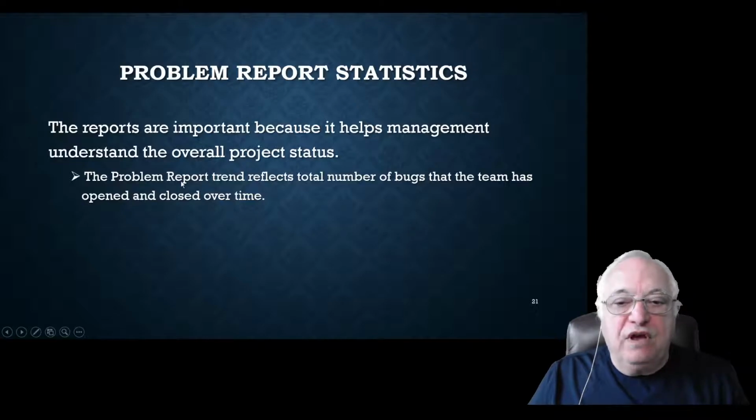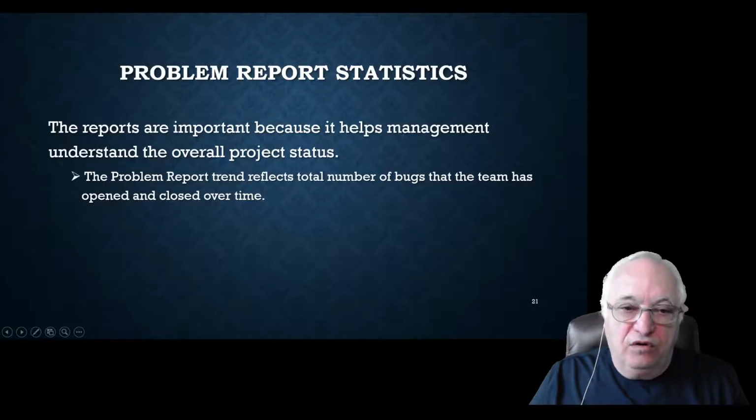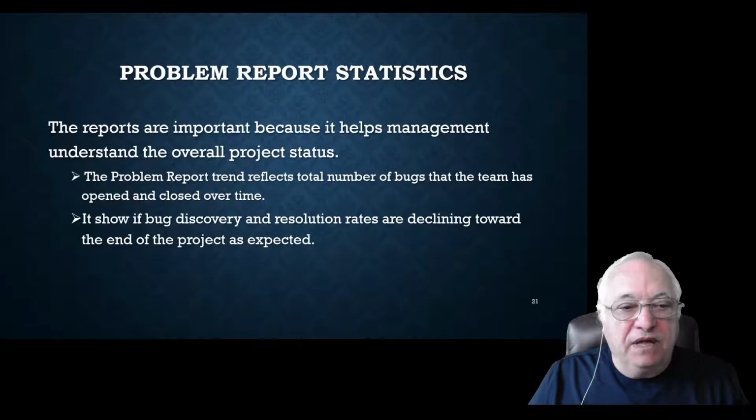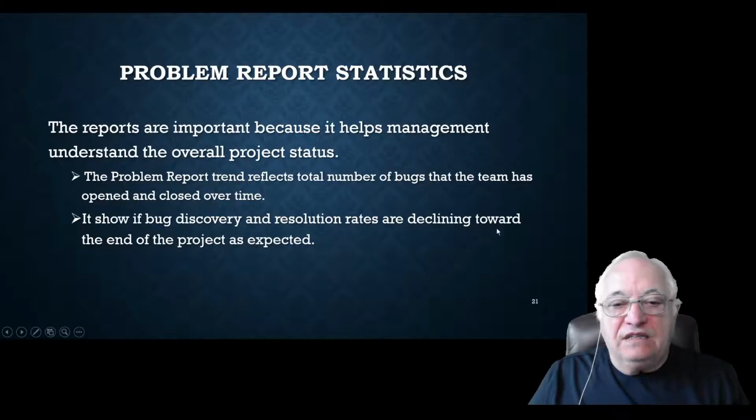So management can see how many are open and how many are closed at any period of time. It also shows if bug discovery and resolution rates are declining toward the end of the project as expected. So not only do they know the current number of open and closed, but also they can see over time how the project is progressing.